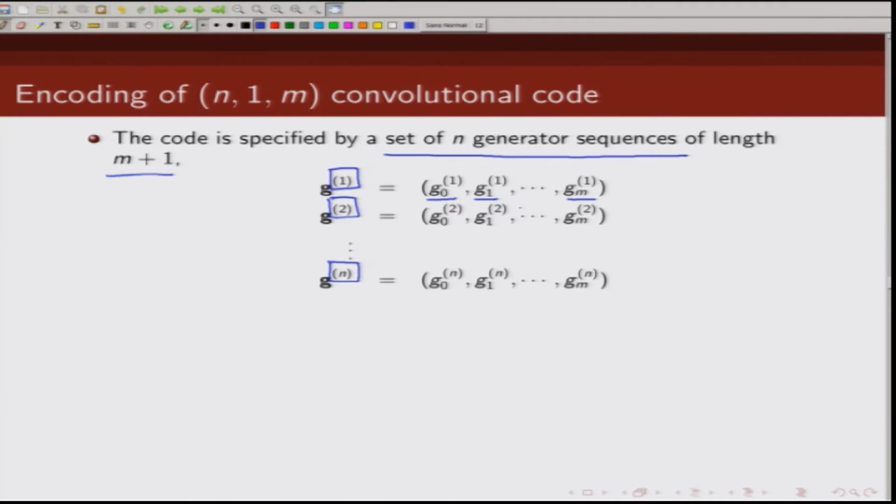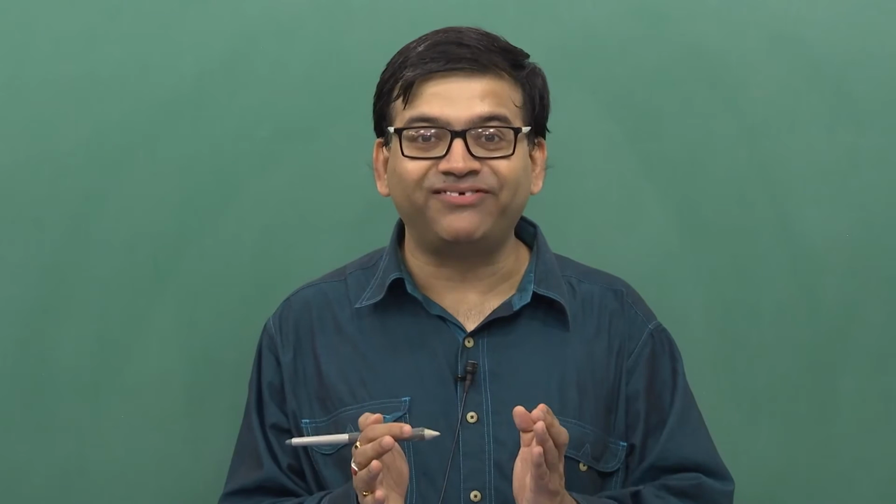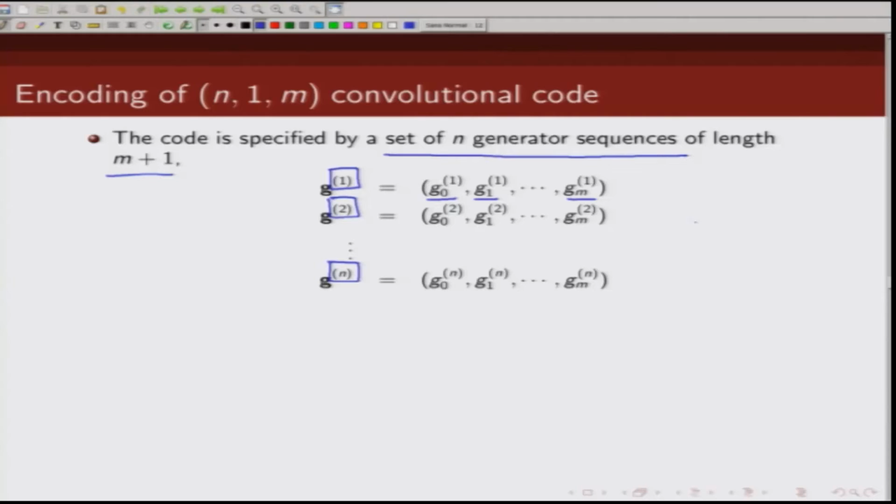Now, note that the memory order of our convolutional encoder is m. Let us just take an example, m equal to 2, that is, a memory order of 2. Say this is my input ul, and my output I can take from some interconnections from this.